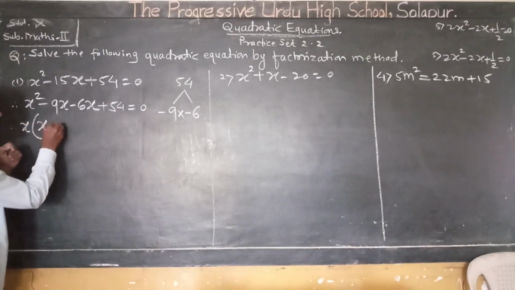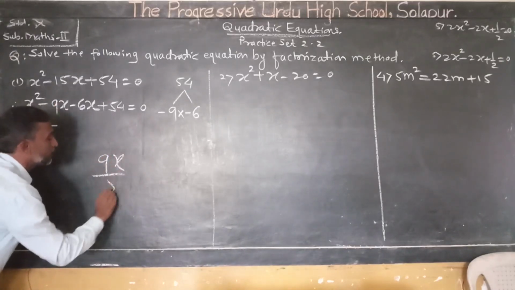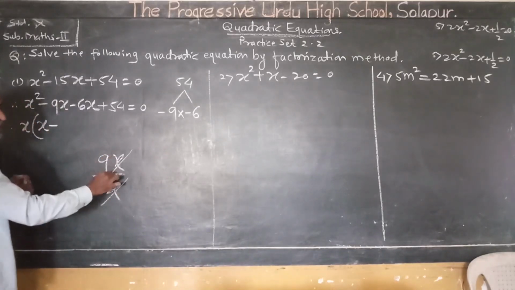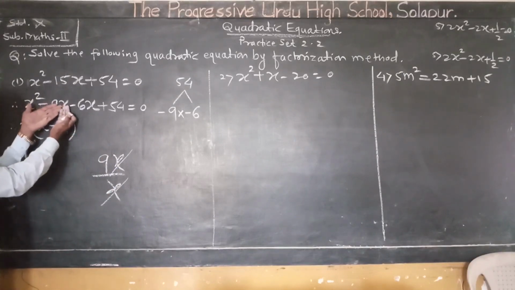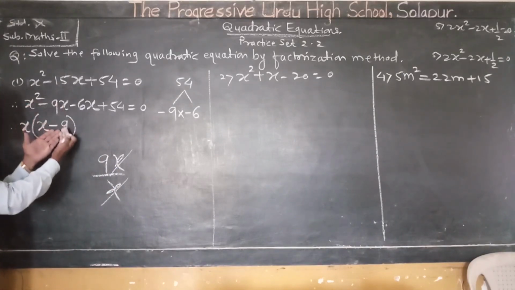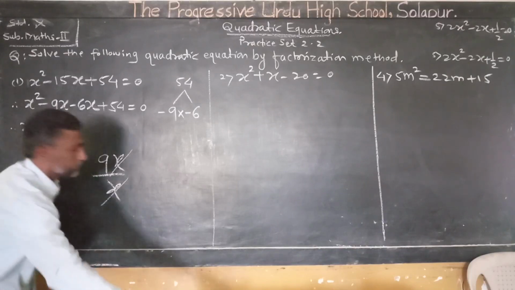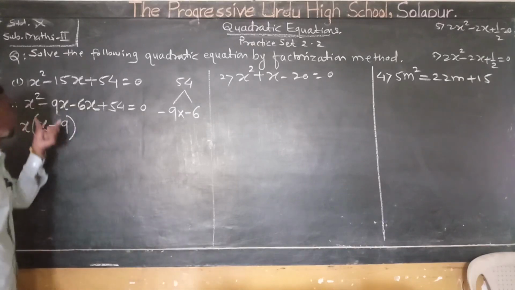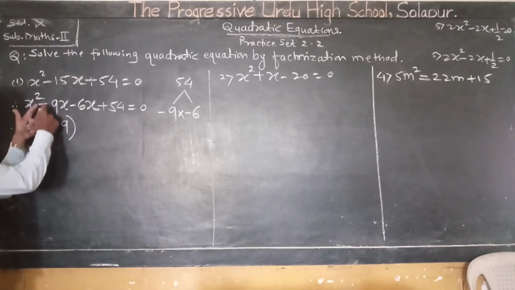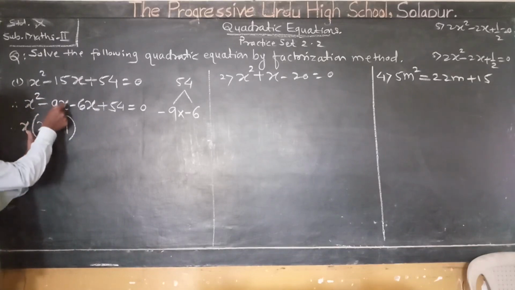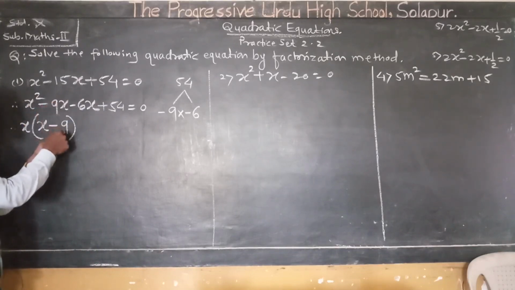Minus 9x divided by x, the x will divide, 9 will remain. In other words, x we have taken common, minus 9 will remain. So take x common from these two terms; x will remain, minus sign as it is, 9 will remain.